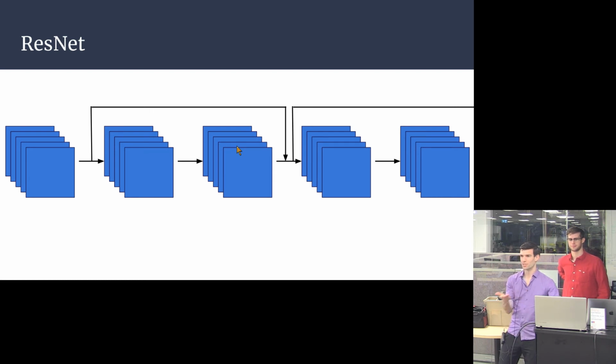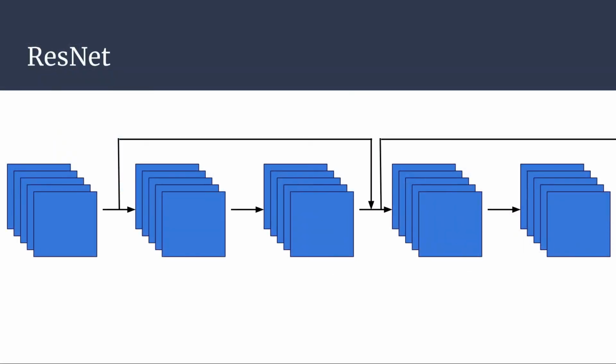So ResNet is one of the basic, very popular architectures that's used for these kinds of problems. By introducing these skip connections, the original authors found that they could make networks significantly larger in terms of the number of layers. Prior to ResNet, the standard maximum was somewhere around 20 layers.